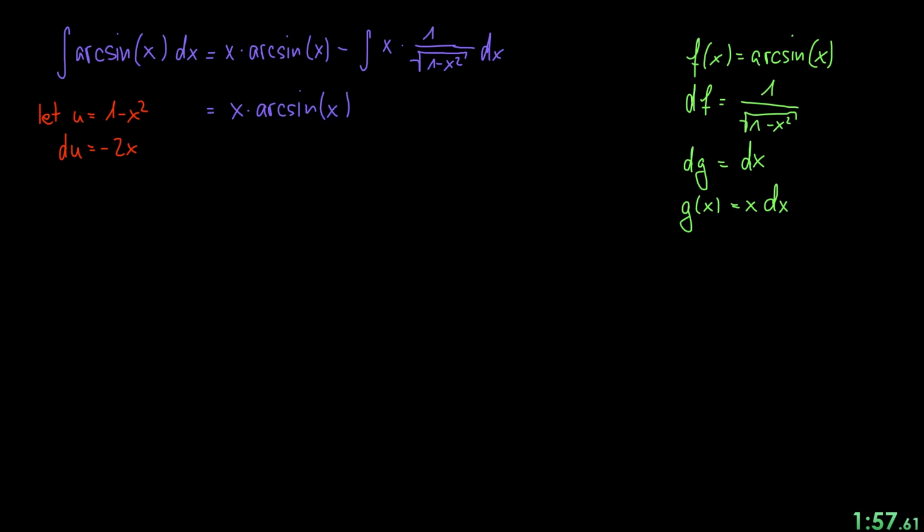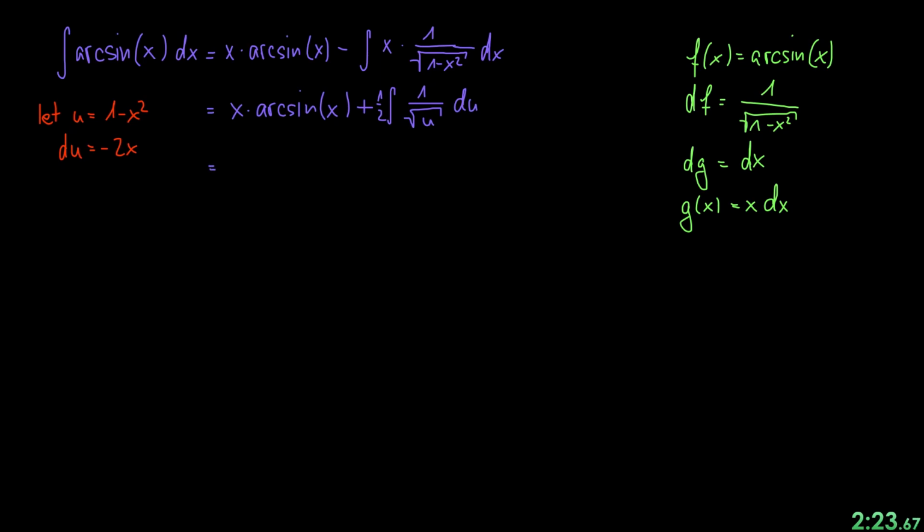Minus and minus give us a plus here. The integral of, and now we have a 2 here. We have a 2 from this, so we need to correct this by putting in a 1 over 2 in the front, which gives us 1 over the square root of u, du.